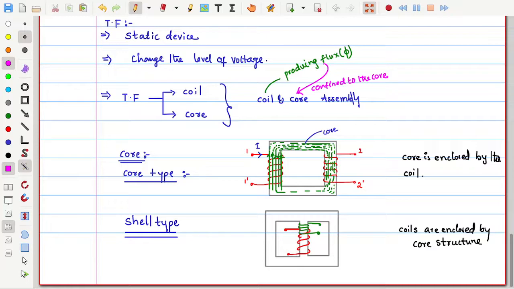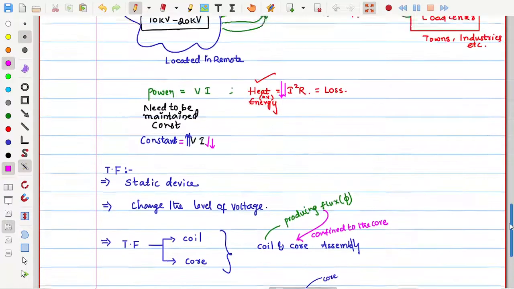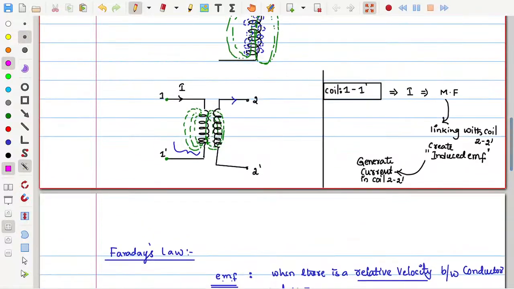If we don't use the core, what happens? The flux lines will disperse like this, so effective linkage does not take place. If flux does not link with the coil two dash in a large amount, then you cannot expect a large amount of induced EMF. If a large induced EMF is not developed, then the total power which we gave to the coil is not going to be transferred to the other side, coil two dash.